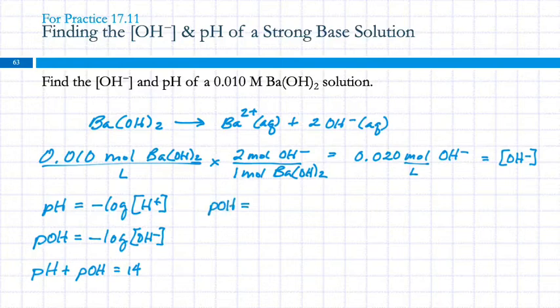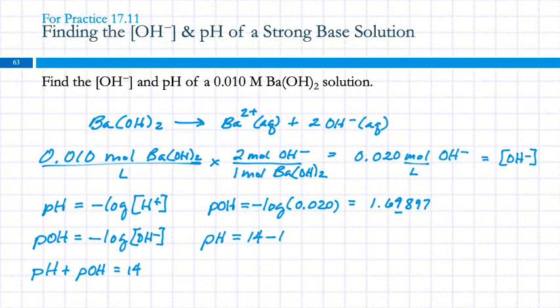So pOH is the negative log of 0.020. That's not my calculator. So that's going to be 1.69897. pH equals 14 minus that.